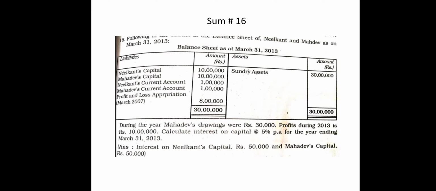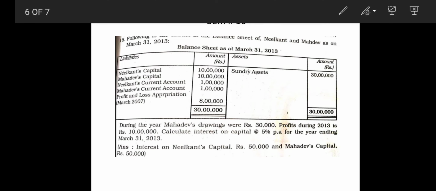Nilkanth's current account is 1 lakh, Mahadev's current account is 1 lakh. P&L appropriation is given as 8 lakhs and 30 lakhs is sundry assets. During the year, Mahadev's drawings are 30,000. Profit during the year 2013 is 10 lakhs. Calculate the interest on capital at 5% per annum for the year ending on 31st March 2013.